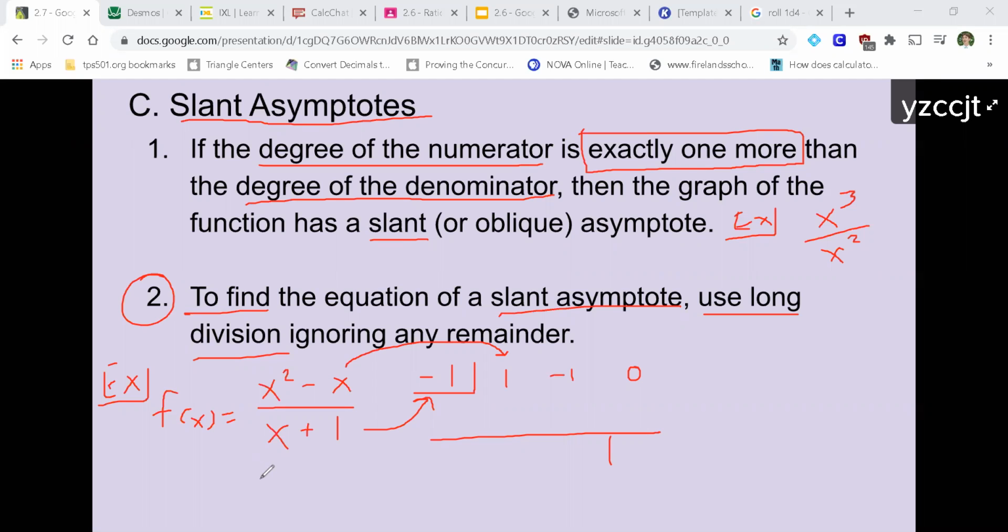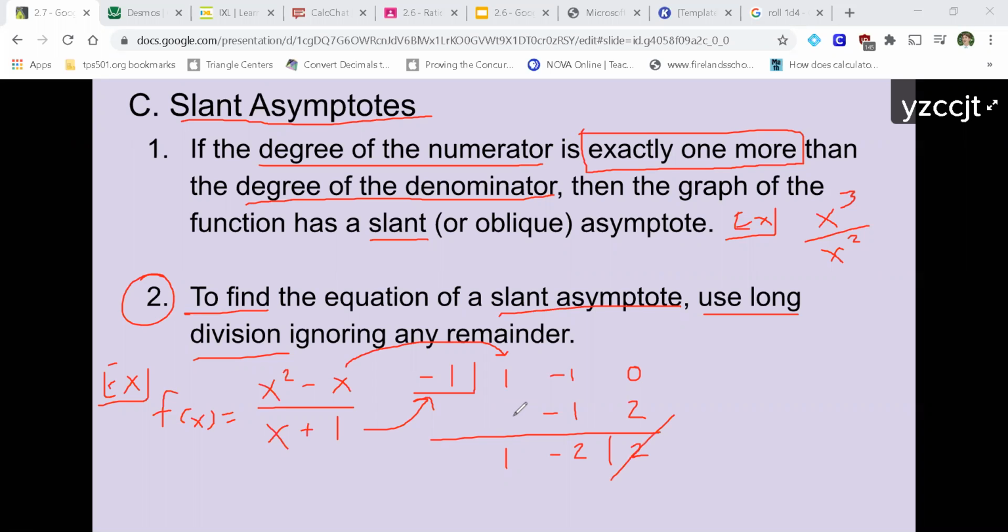Is everyone okay with the setup of that? So remember, you do the opposite sign here, and then we write our coefficients. I have 1 x squared, -1 x's, and 0 constants. And I run through. Drop down, multiply by -1, add down, multiply by -1, add down.